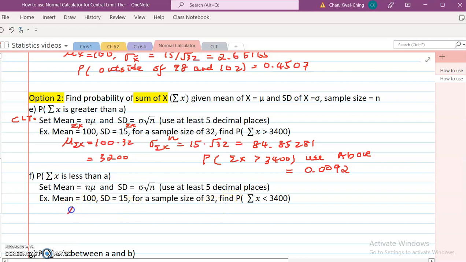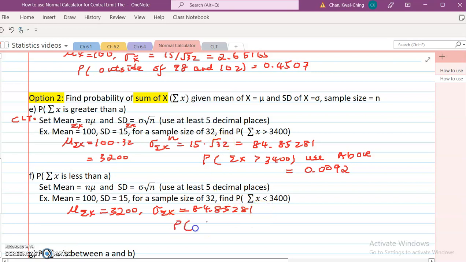What about the chance that the total sum is less than 3,400? Again, mu of sigma x is equal to 3,200, which we have set up already. Sigma of sigma x is 84.85281. We have set it up over here, it's 15 times square root of n.